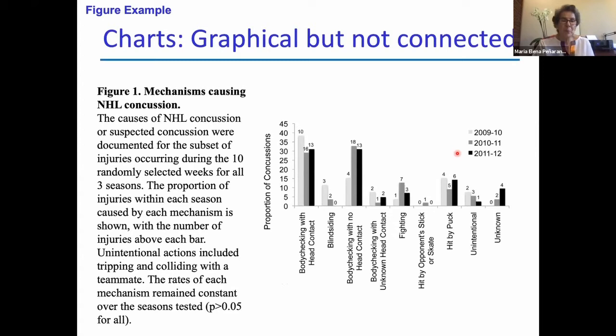This is a figure with bars that can give you a lot of information also, but it's not continuous. It's just from several different years, 2009 to 10, 10 to 11, 11 to 12, but it's not continuous, and it's different topics that are studied with concussions of football players, which is a big problem in this field. Not our football, but the soccer, not the soccer or football that we all play, but what in the United States they play as football.